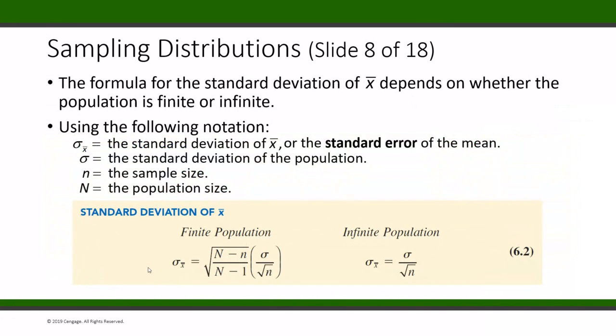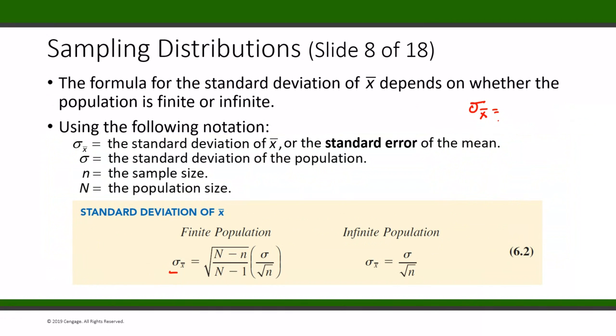The second thing that comes up is the standard deviation of X bar, which we have denoted by sigma X bar. Actually, it is not an unbiased estimator. If you take an average of this, you will not get it.